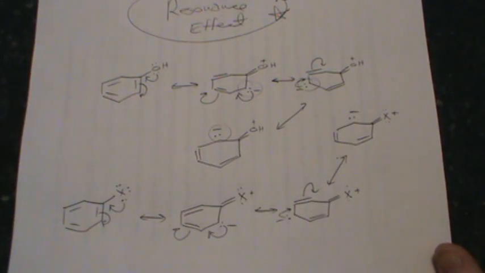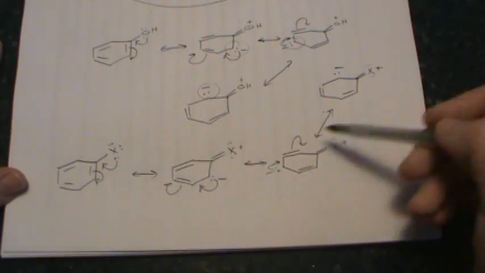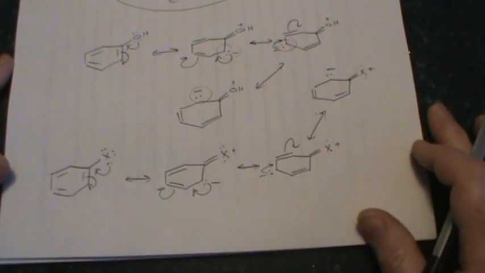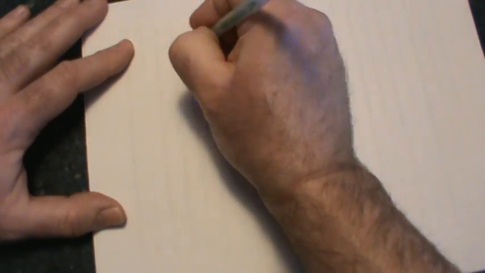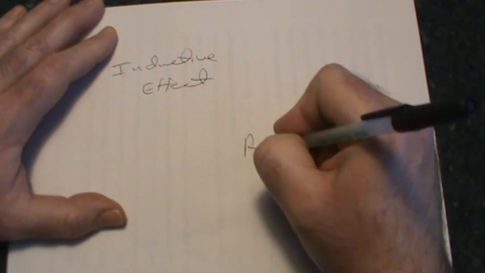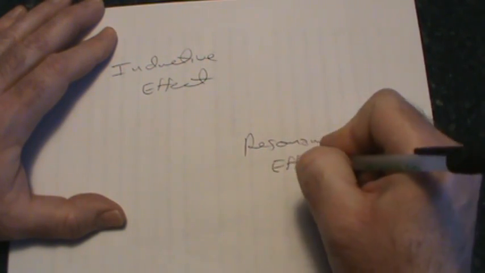So why is it that in the case of phenol we say the hydroxyl group is a powerful activating group, but in the case of the halogen substituted benzenes they're actually weakly deactivated? Well, it all comes down to these two effects: the inductive effect and the resonance effect.